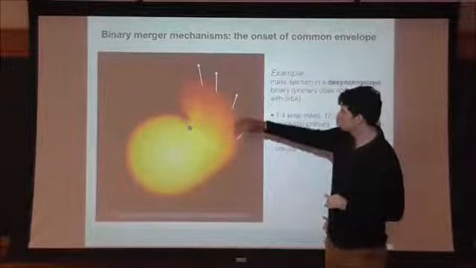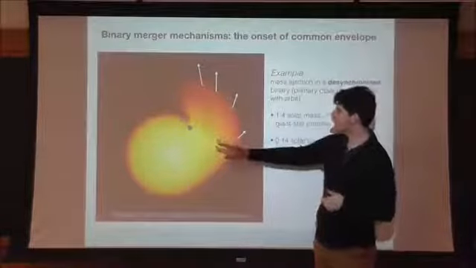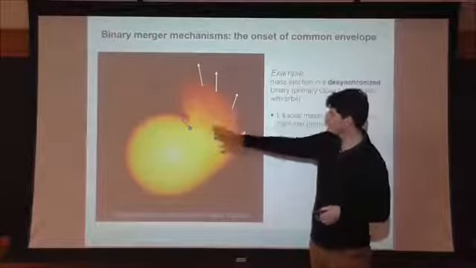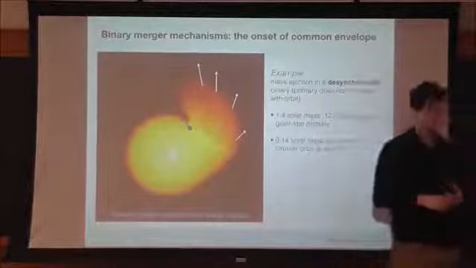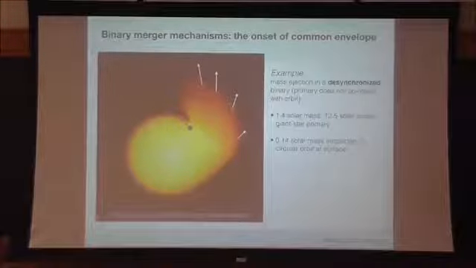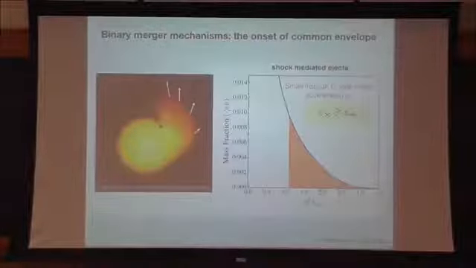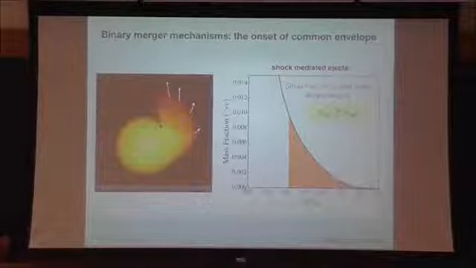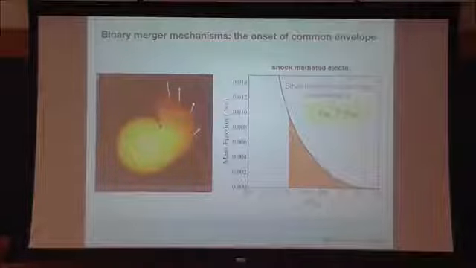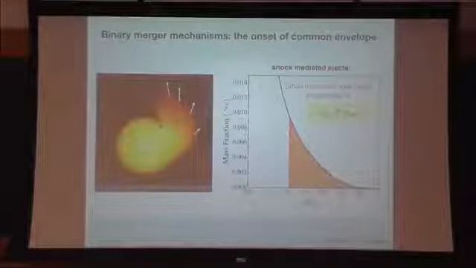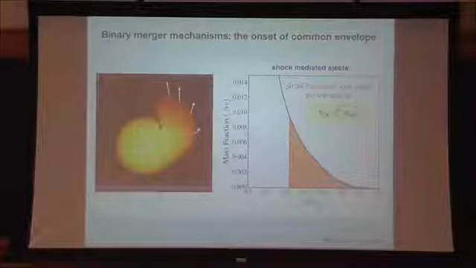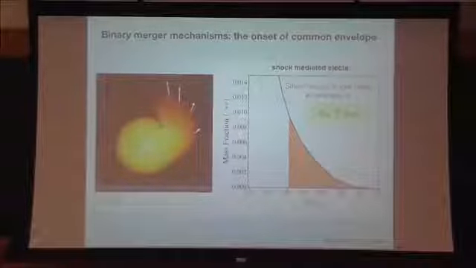If you look on the global scale, that focused material gets slingshot around and ejected out. And what we find is that the ejecta raises a few percent of the mass to velocities at or above the escape velocity. So qualitatively, that seems consistent with what we're seeing.